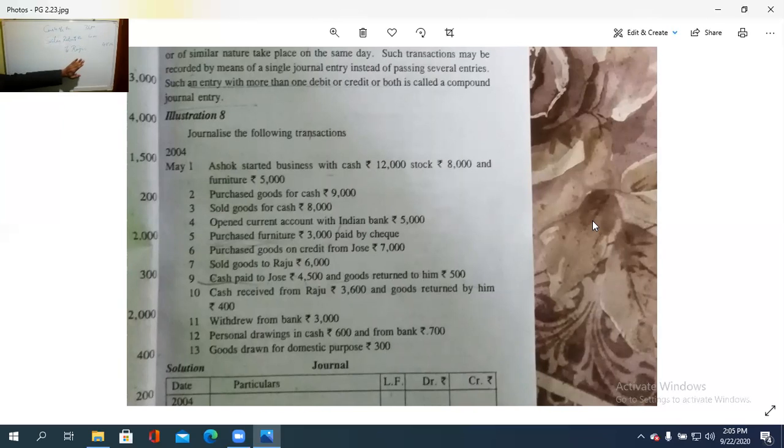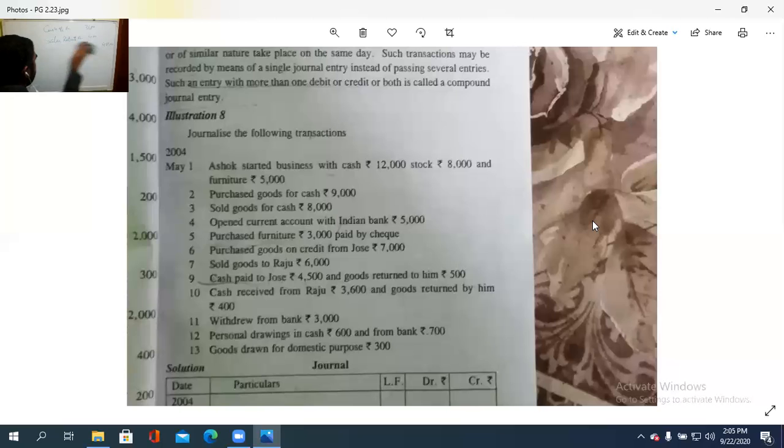Raju is the single creditor, isn't it? We are getting back the sold goods, and along with that we are getting the cash for the sold goods. So 3,600, that is the cash, and sales returns 400. Cash received from Raju and goods returned by him: cash account debtor 3,600, sales returns account debtor 400 to Raju.